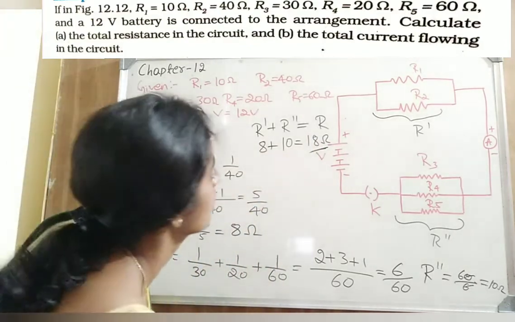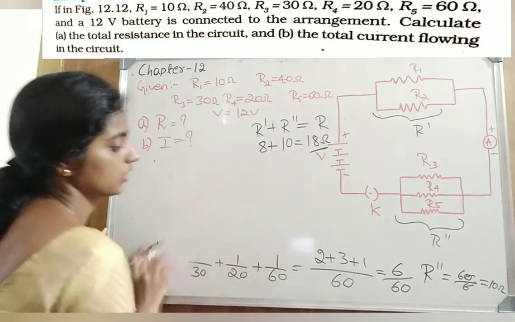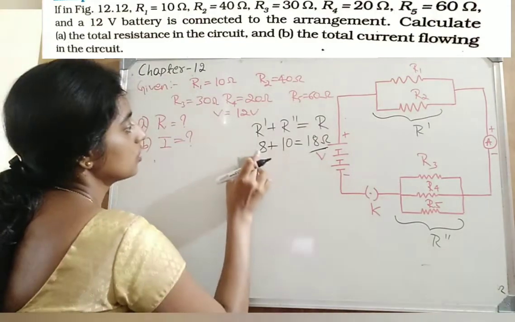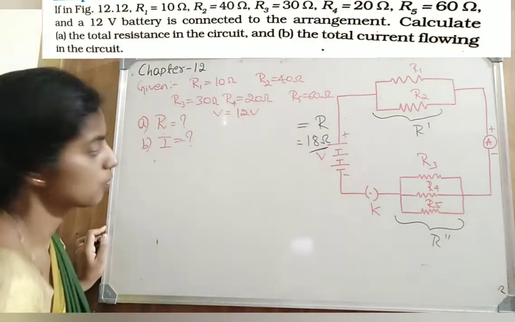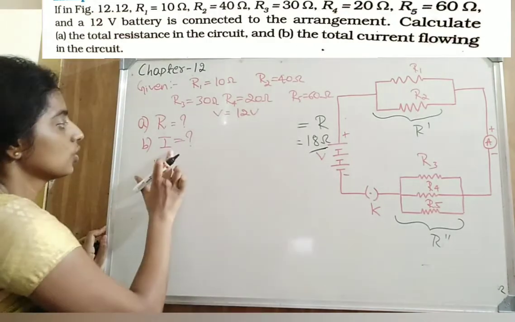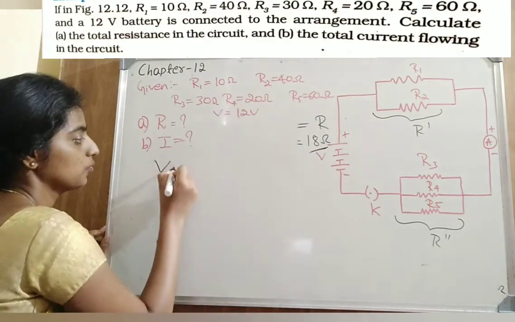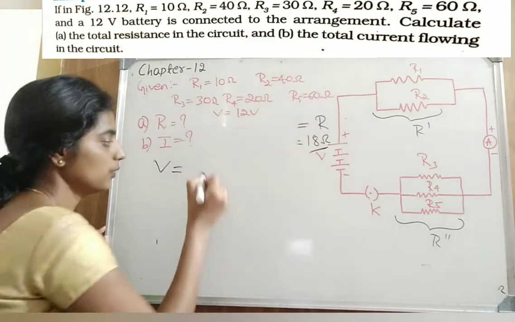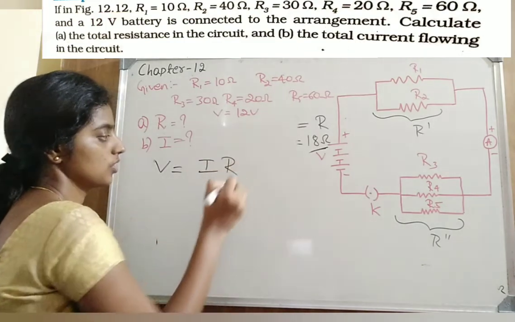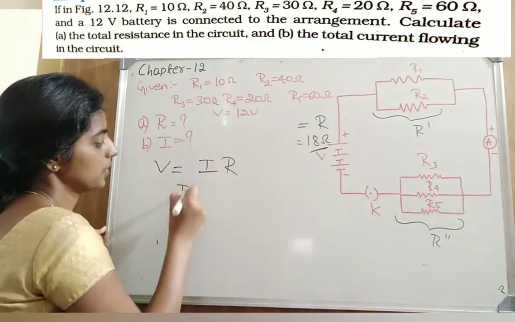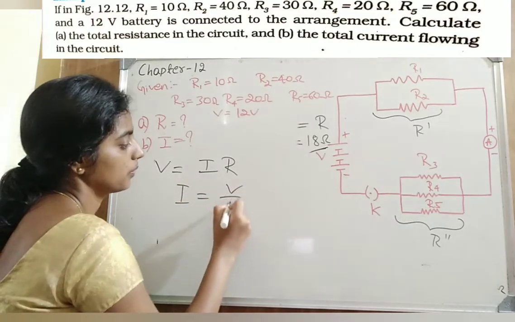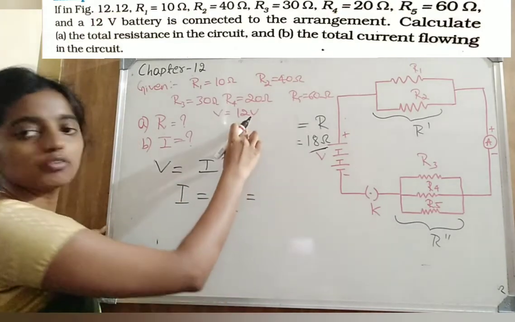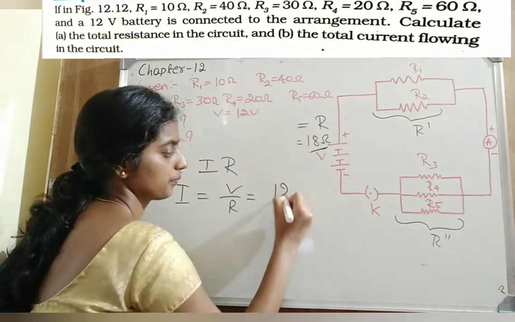Now let us solve the second question. Second one is what? Total current. We know from Ohm's law V is equal to IR. We need to find I. So what happens? I is equal to V by R. What is V? Here we have 12 volt.